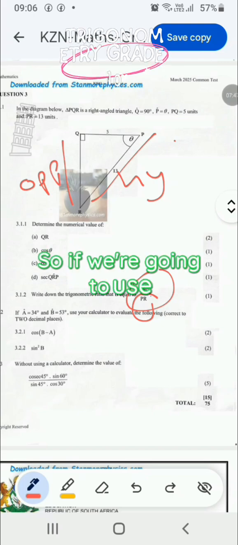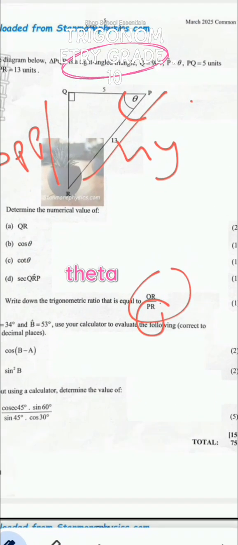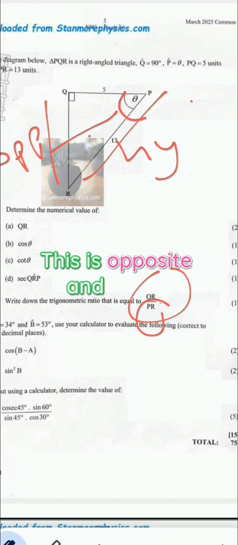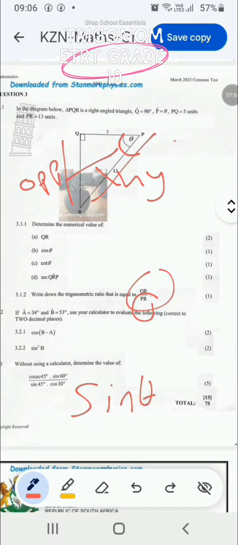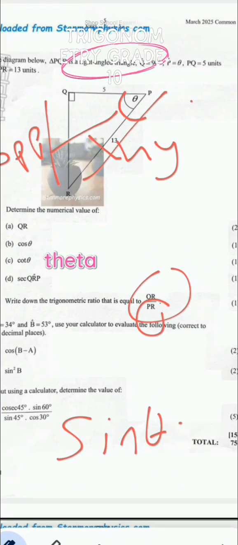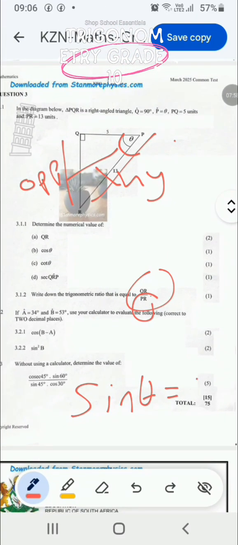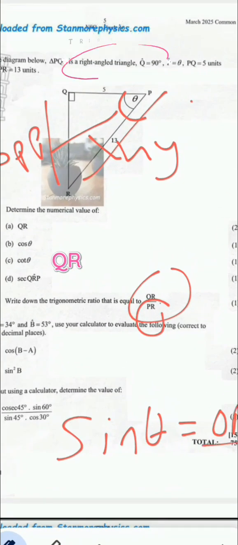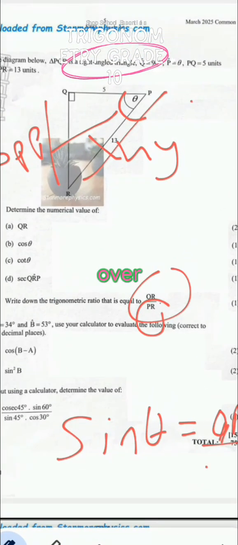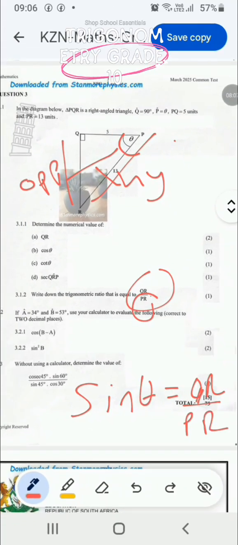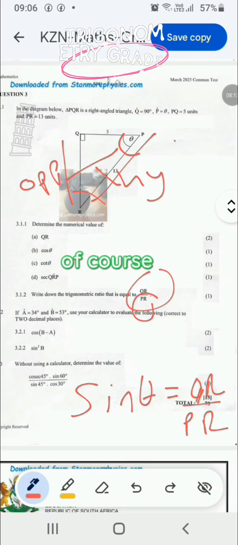So if we're going to use theta here, this is opposite and this is hypotenuse, so we can say sine theta is equal to QR over PR. If we're going to use R, then of course it's a different story.